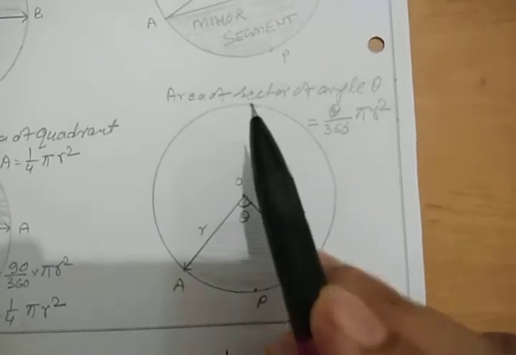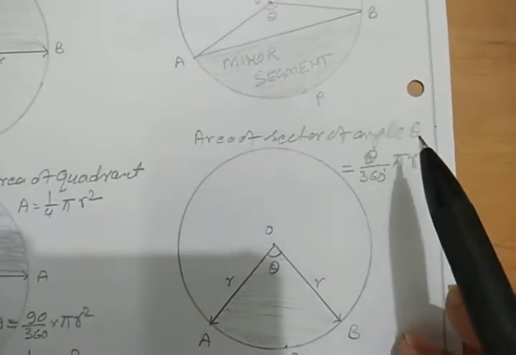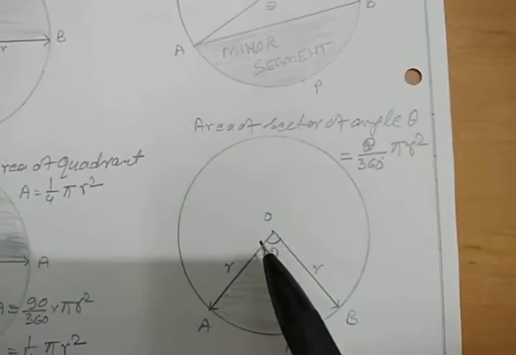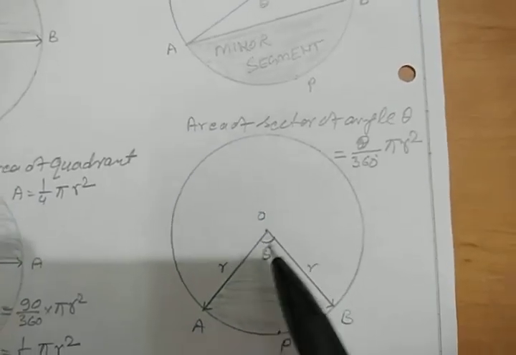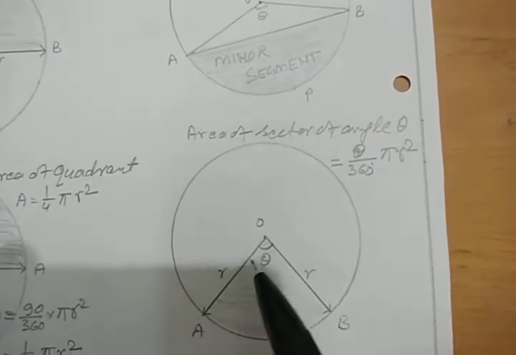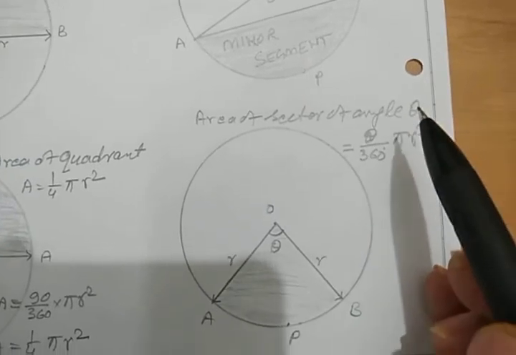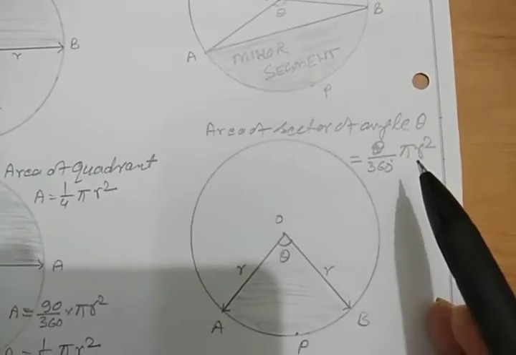Then the area of the sector of angle theta is this angle theta out of 360. The full angle is 360 degree. Then the area of the sector is theta upon 360 into pi r square.